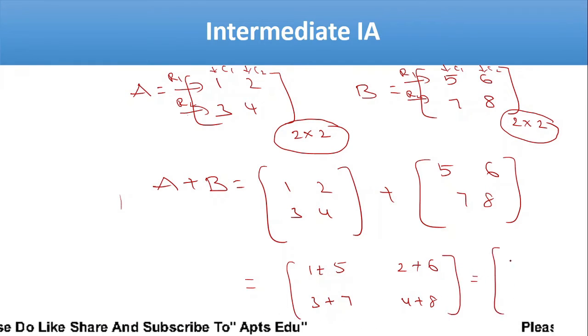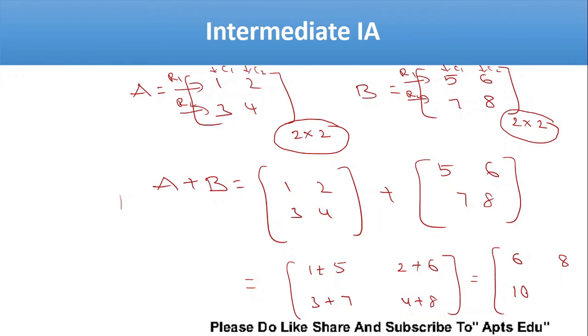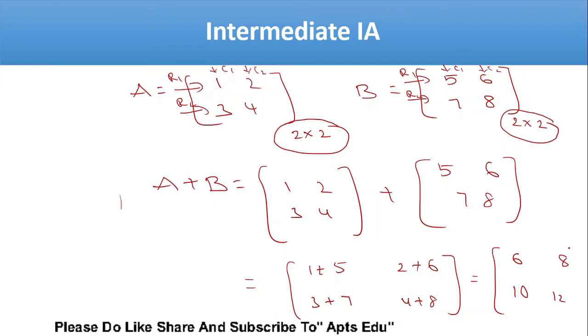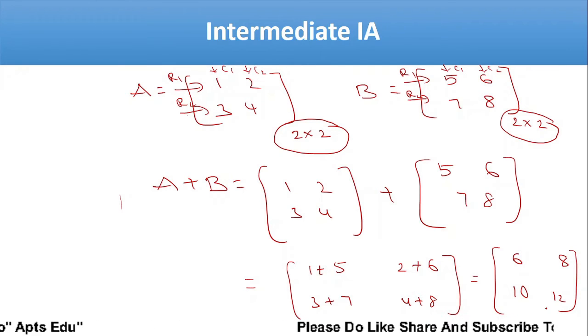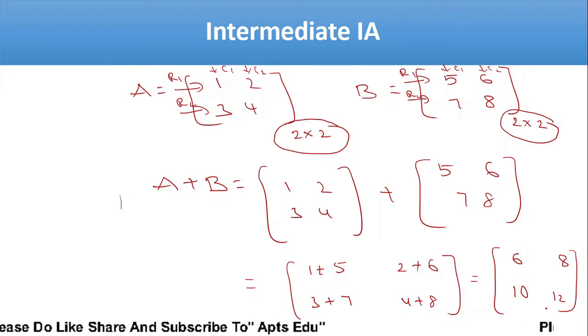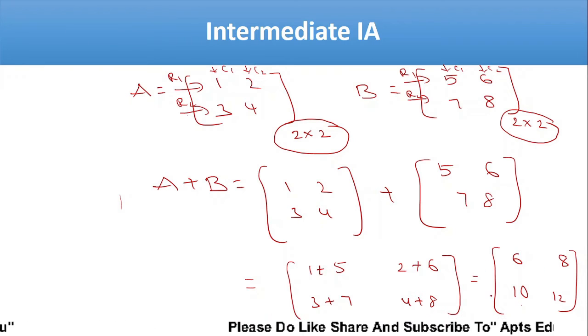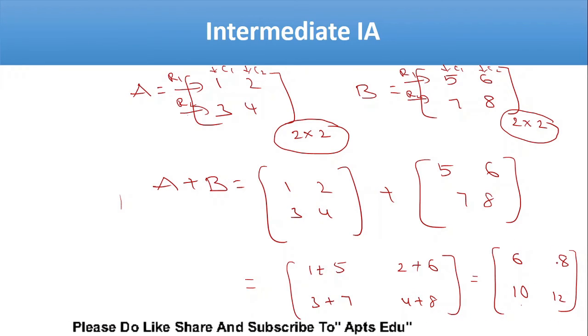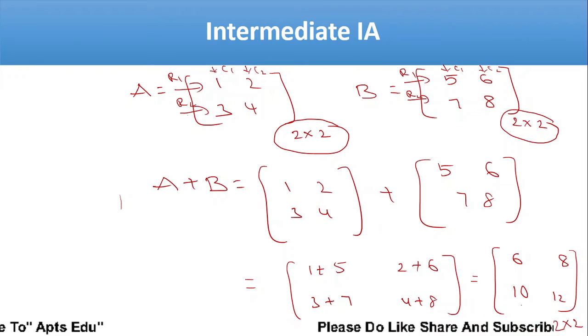So I'll get 6, 8, 10, 12. And the resultant matrix is also the same order. If you look here, this is also one row, two rows, and one column, two columns. This is also a 2 by 2 matrix.